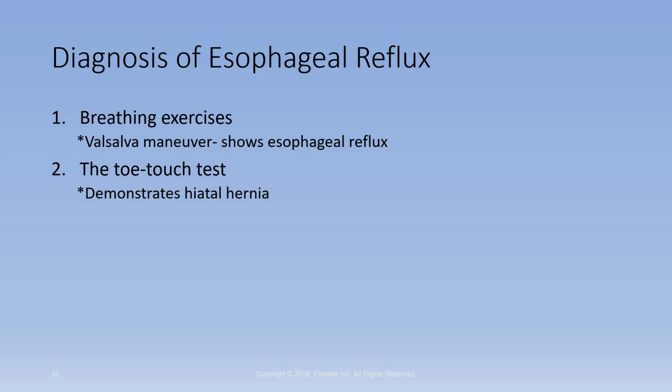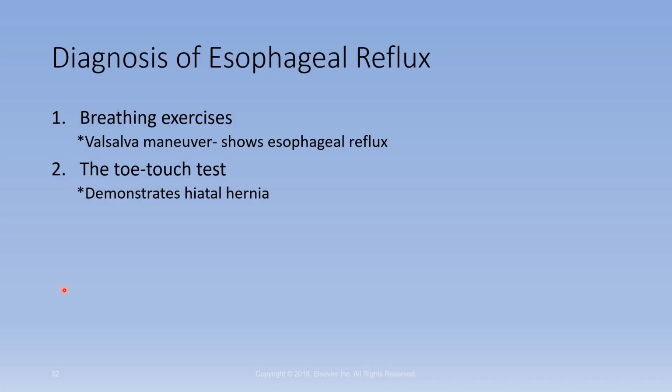On page 482, they do give you a couple different things that can be done during the exam to demonstrate esophageal reflux. If you look at the breathing exercises, they reference the Valsalva maneuver. The Valsalva maneuver is done when you ask the patient to take in a deep breath, and then while they're holding their breath, the radiologist typically asks the patient to bear down as if they were having a bowel movement.